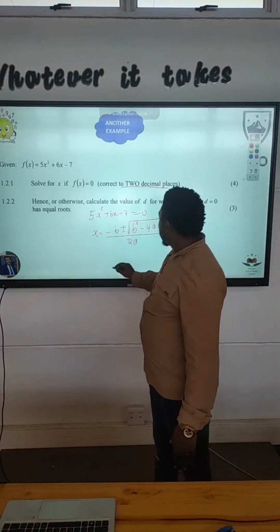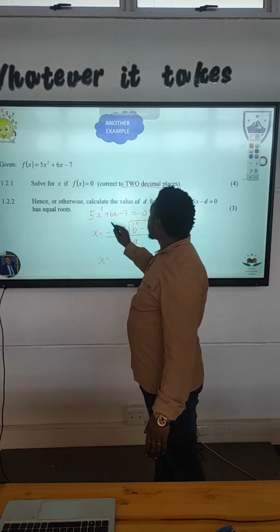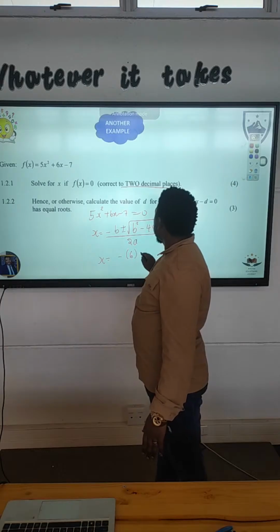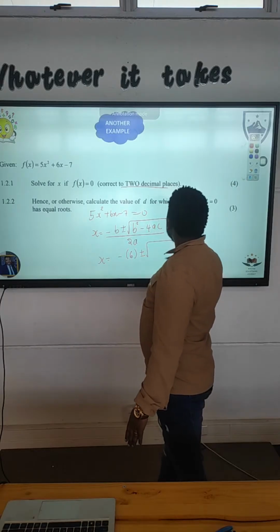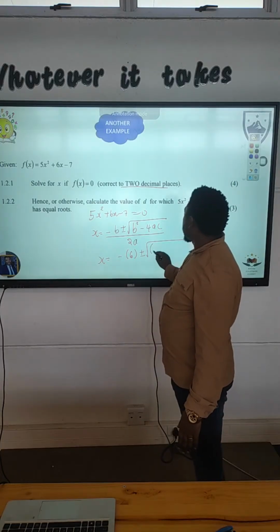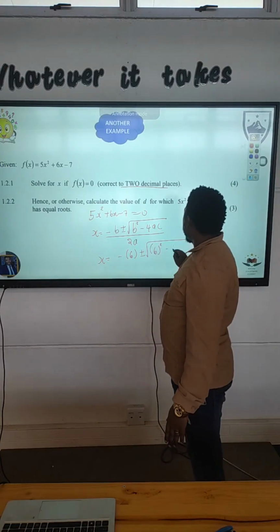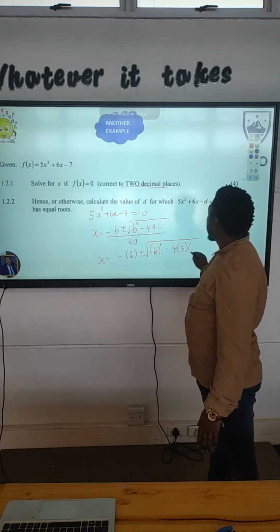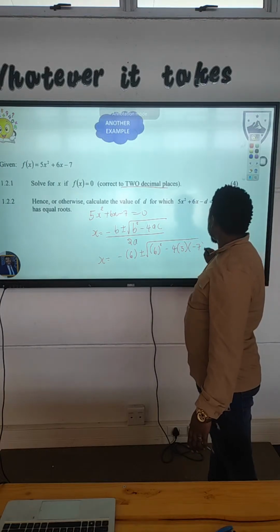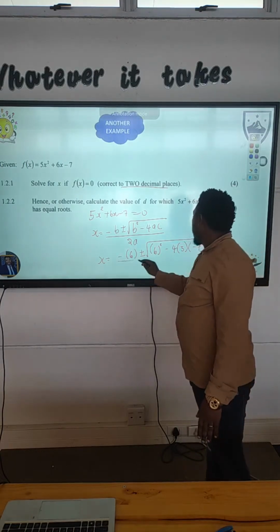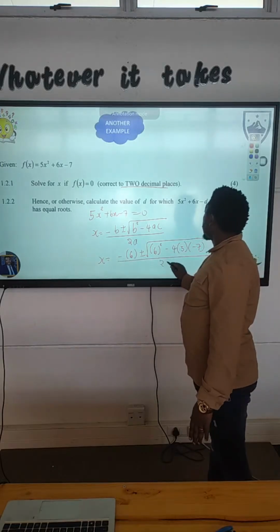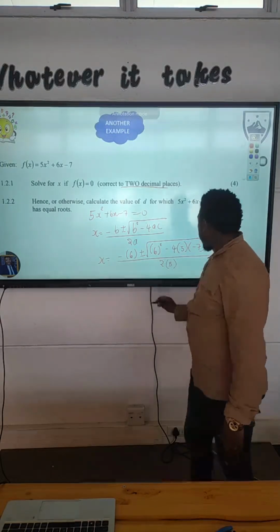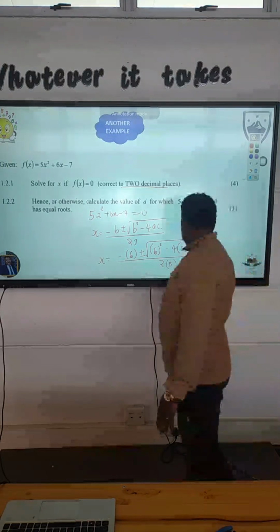We substitute: negative b, b was 6, then b squared was 6 squared, minus 4, my a is 5, my c is negative 7, and 2 multiplied by 5. Pressing on the calculator, you get two values.